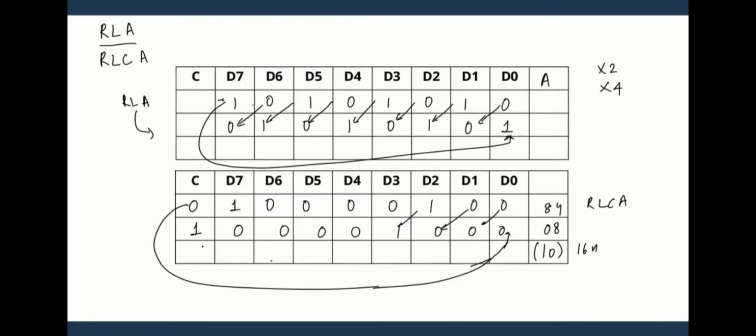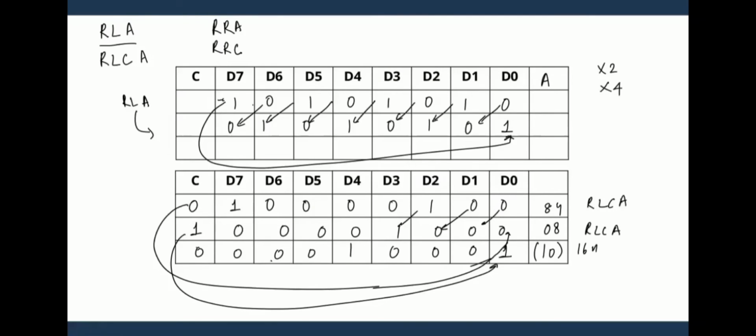If we left shift again through carry, the carry 1 goes to the D0th position, and all other bits shift 1 to the left. That is, D0 becomes D1, D1 becomes D2, like that, and the carry moves to the D0th position. That is the case with rotate left through carry, RLCA.